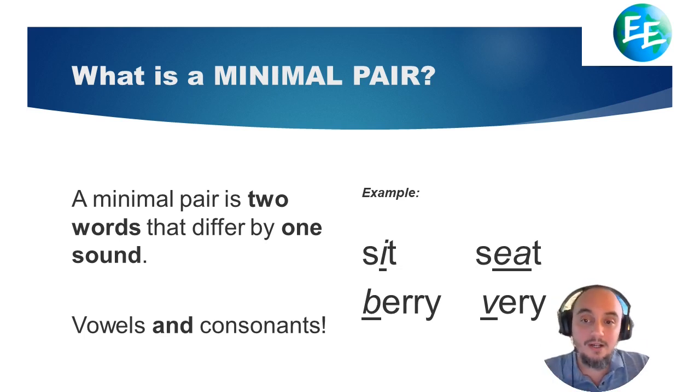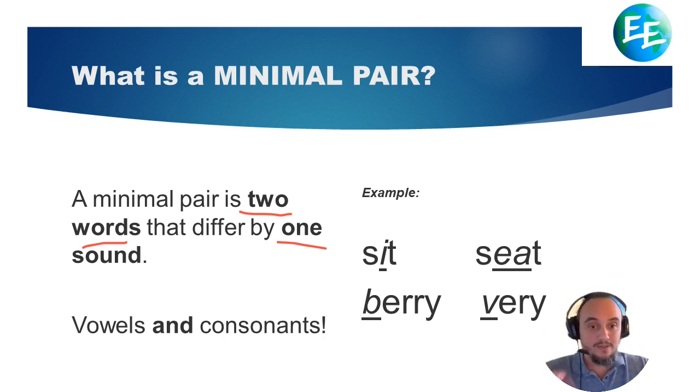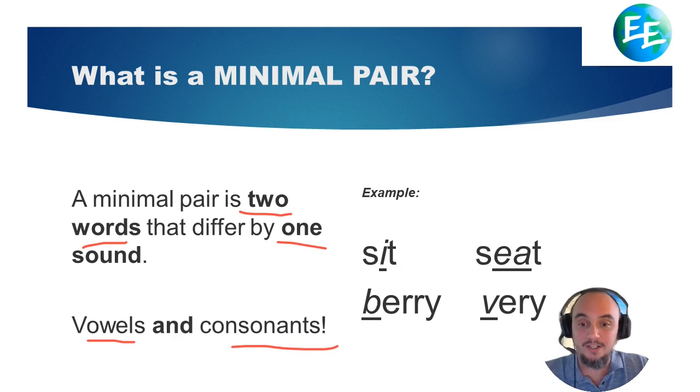So a minimal pair, again, is two words that differ by one sound. All right? And this can be vowels that differ, or they can be consonants that differ. Vowels or consonants.